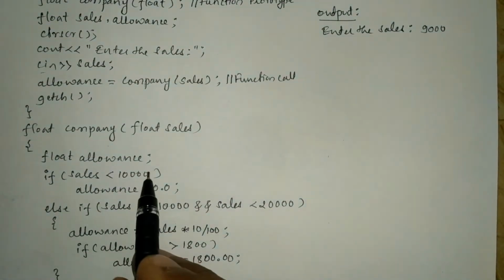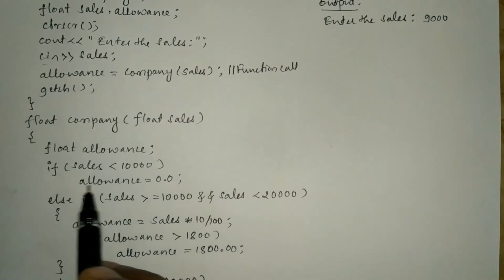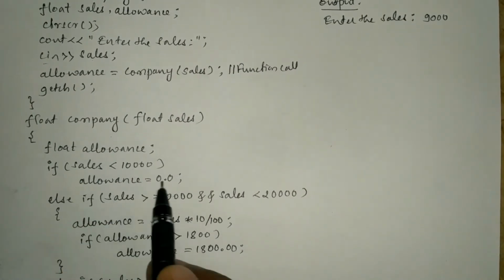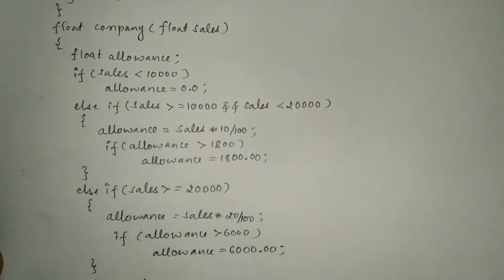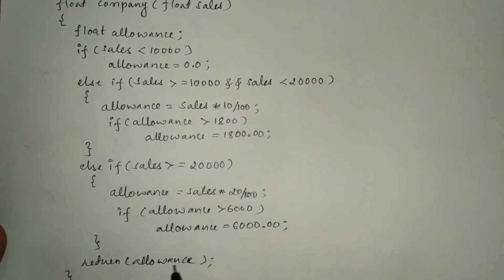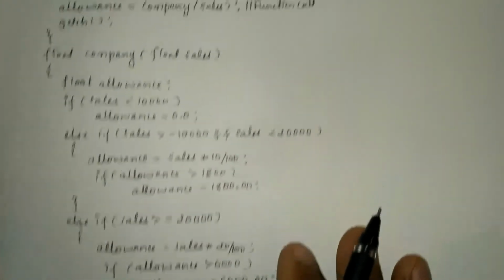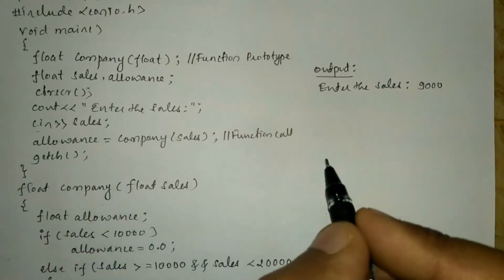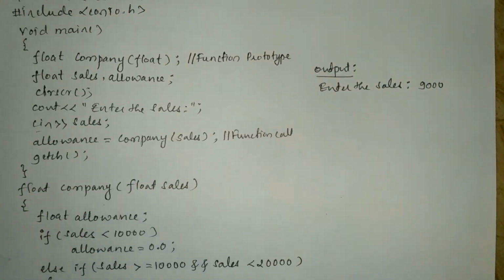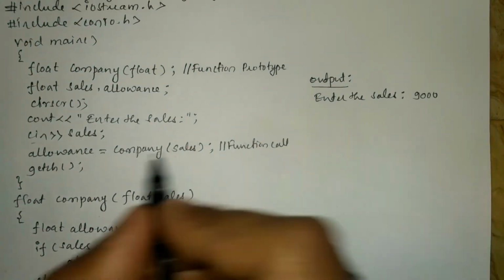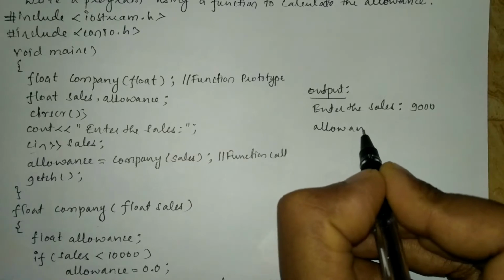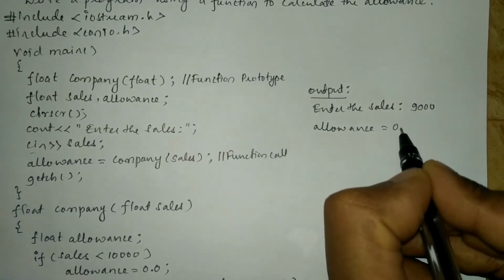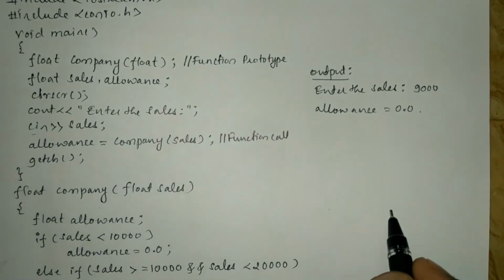So this condition was true, and after this, the initialization takes place, and the control directly jumps to return allowance. So what is it going to return? 0.0. So here I am going to write allowance is equal to 0.0 will be printed. Yes.